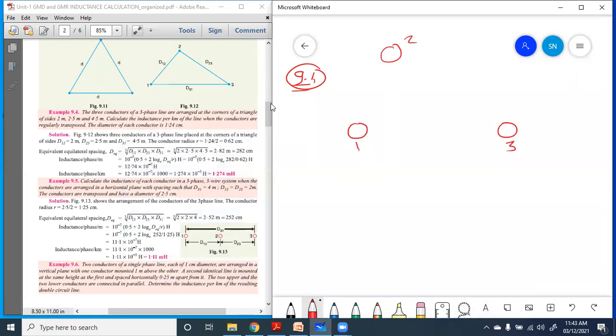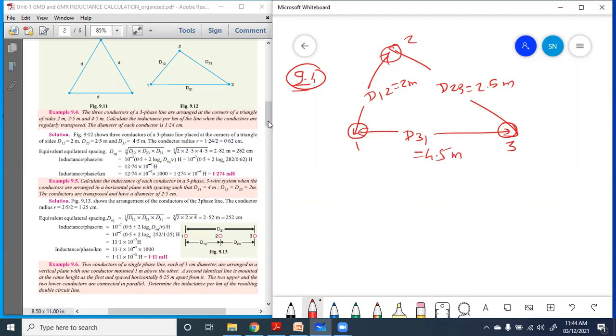The spacing between the conductors is represented by d12, d31, and d23. The conductors are arranged at the corners of a triangle with sides 2 meter, 2.5 meter, and 4.5 meter. Consider any distance at any place.